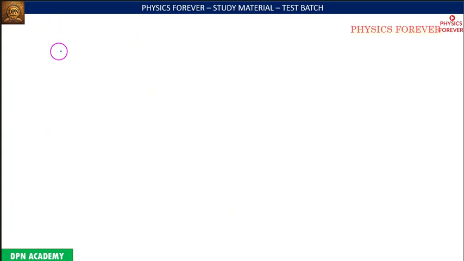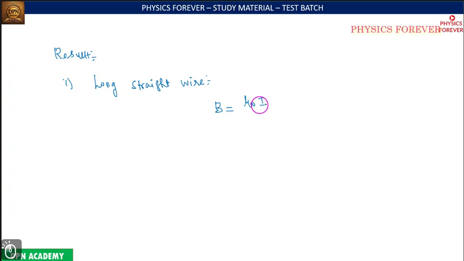From Biot-Savart's law, some results we have to obtain. First one, long straight wire. We have to derive this, but I will just give the result only. If the question is about a long straight wire, we have to choose this one. Magnetic field is mu naught I by 2 pi r.